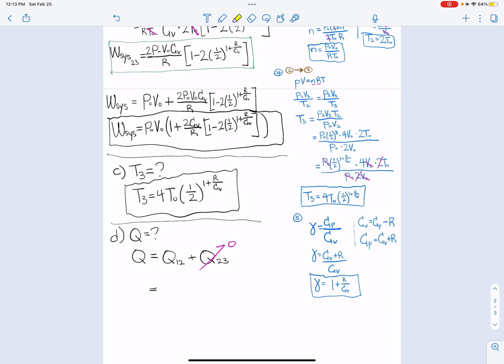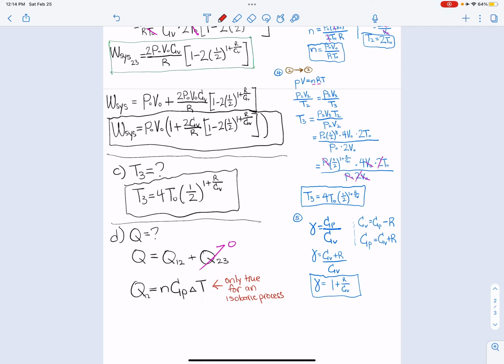And I know that for an isobaric process, and I believe this is only true for an isobaric process, Q is equal to N Cp delta T. I'll just write this down: Q 1,2, which is an isobaric process, is equal to N Cp delta T. Not for any other process.